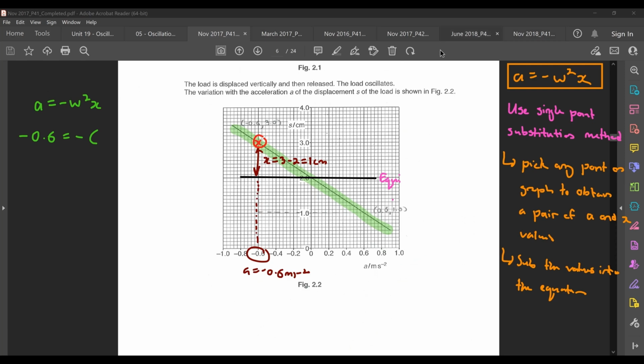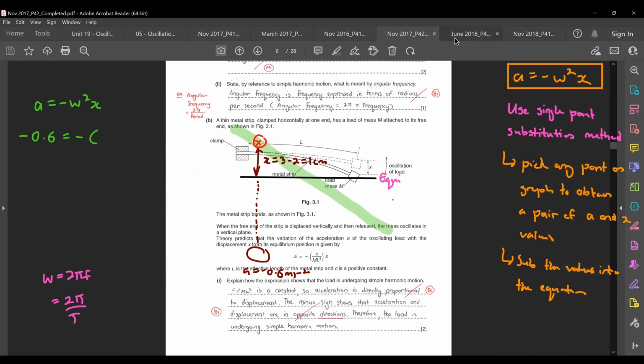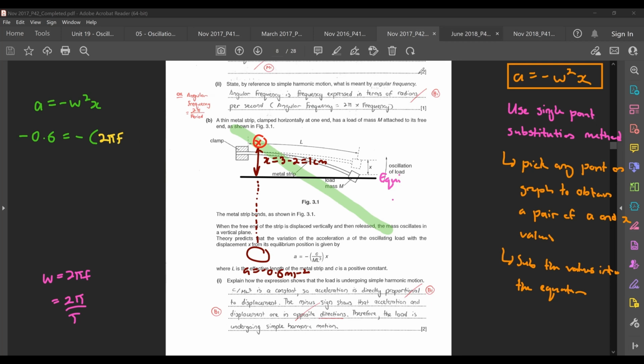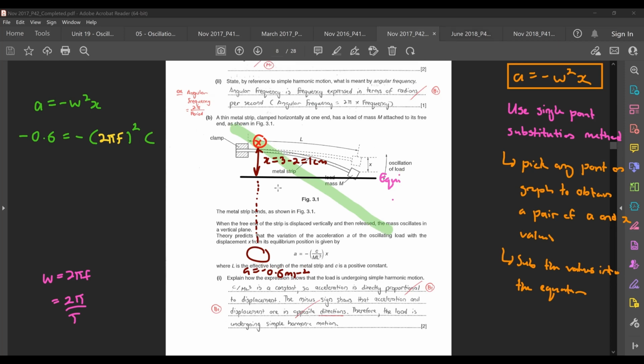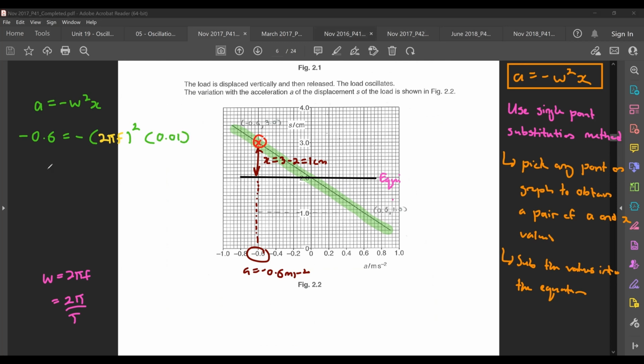If you recall what I mentioned before a lot of times, omega is 2 pi f or 2 pi over T. So right now you change it to 2 pi f. Don't forget to square it. Then sub in the value of your displacement of 1 centimeter, so this one is 0.01, changed to meters. So your f eventually will give you this answer.